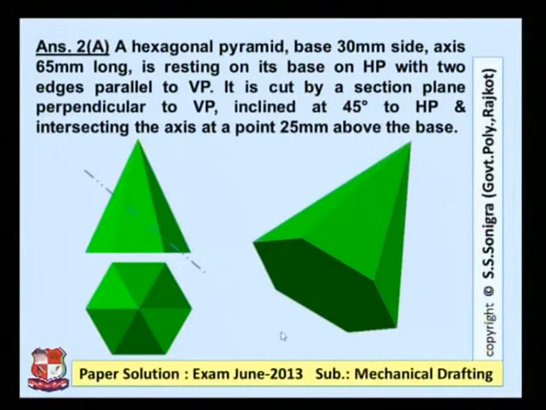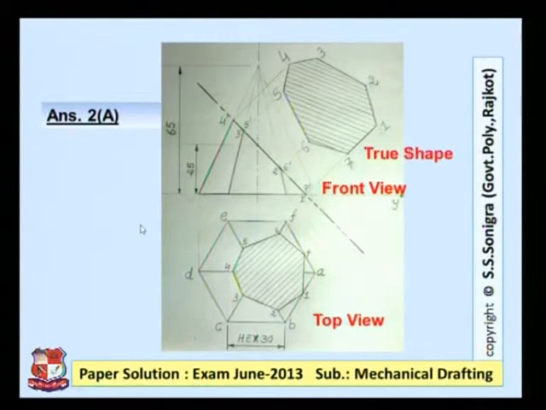This is the cutting plane line. Now if you cut this pyramid at this angle, what would appear in front view, in top view, and what would be its true shape? That we had drawn last time, and this is the solution of the same problem. This is the front view, this is the cutting plane. It cuts this pyramid at a distance of 25 mm from this base.